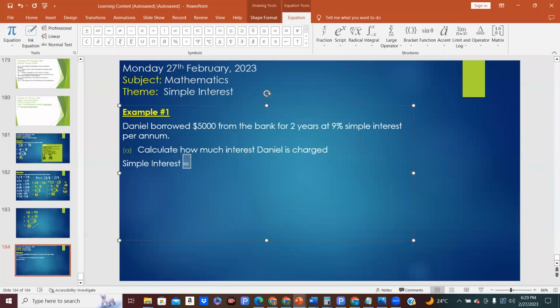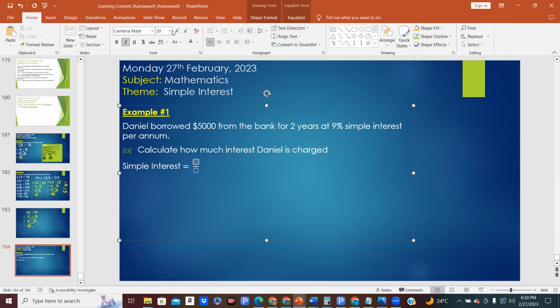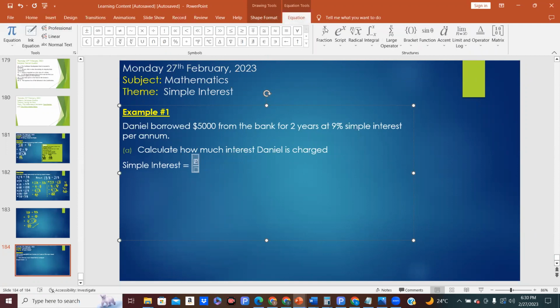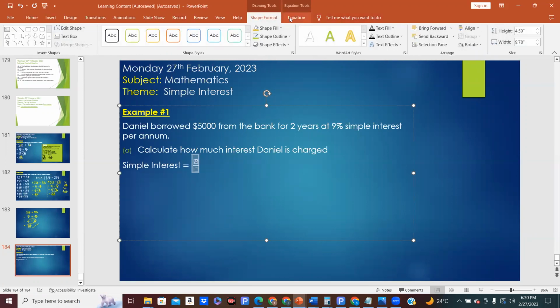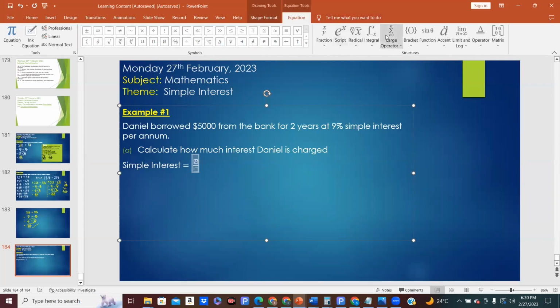The simple interest formula says it's going to be the principal, capital P, multiplied by the rate multiplied by time, and it's over 100.